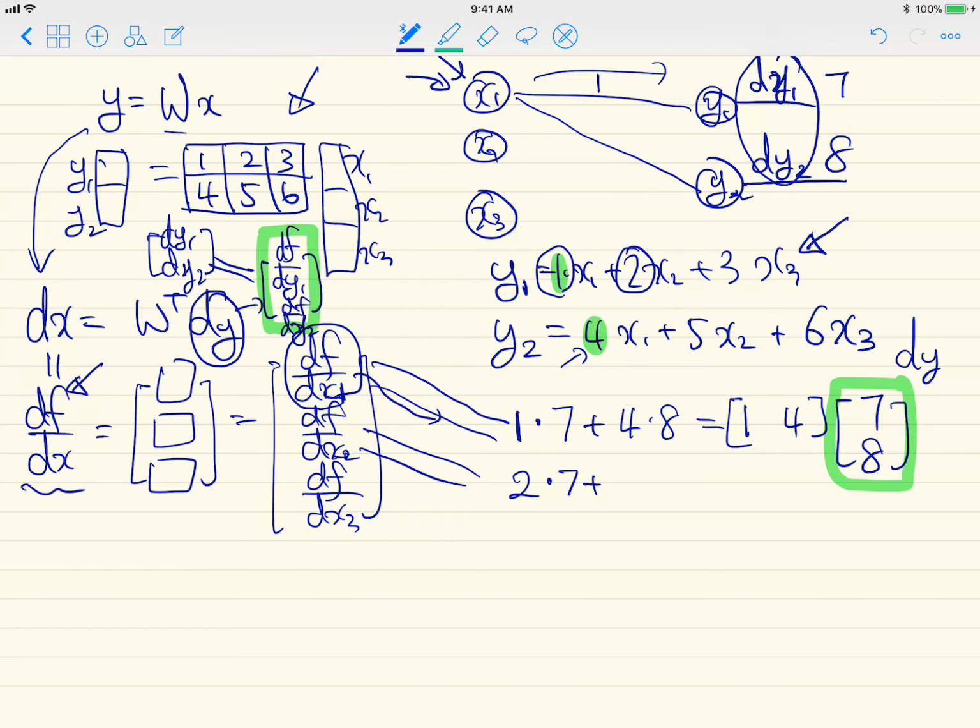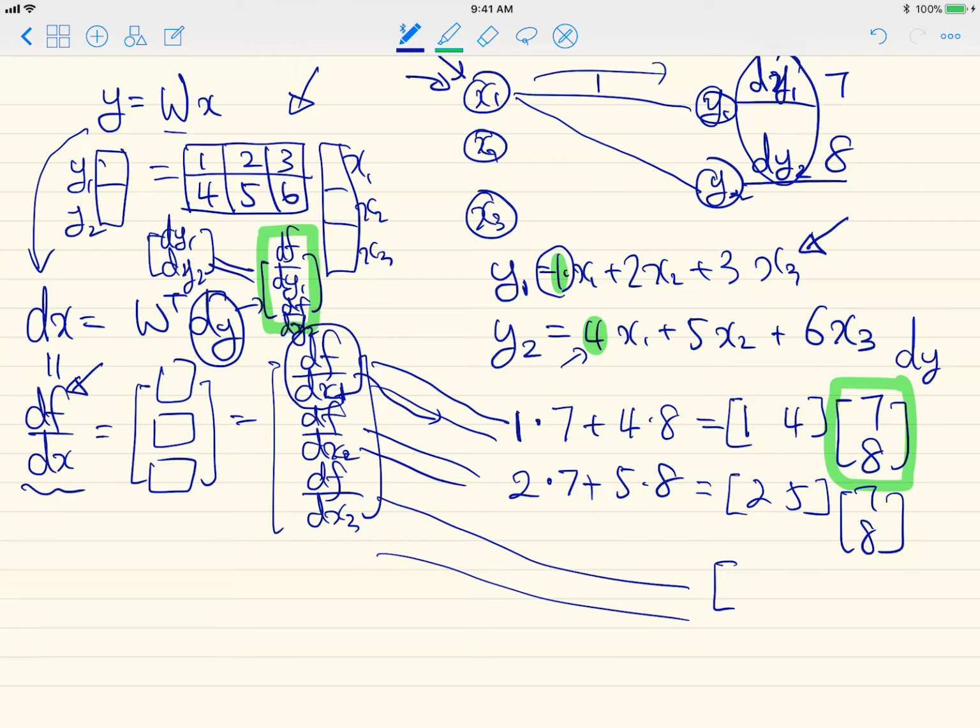Because it's coming from here, and then 5 times 8, right? And that will be the total partial gradient with respect to x2. And then it will also be represented as 2, 5, and 7, 8. And then also this guy is like 3, 6, and 7, 8, right?